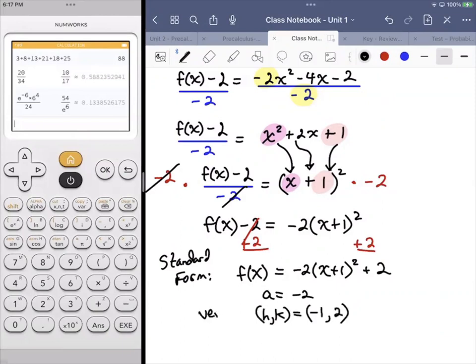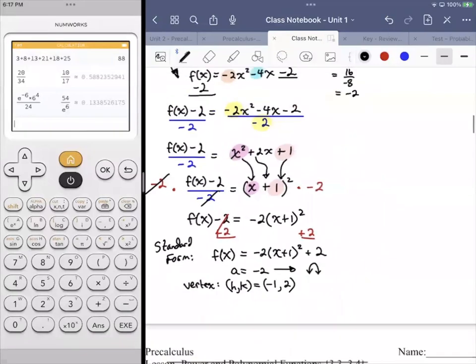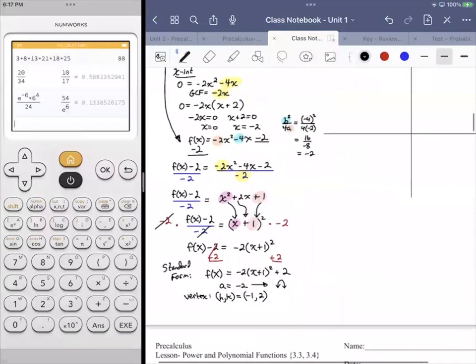That's my vertex. And because the a value is negative, that means that this parabola is opening downwards. So now I have what I need to create the graph.